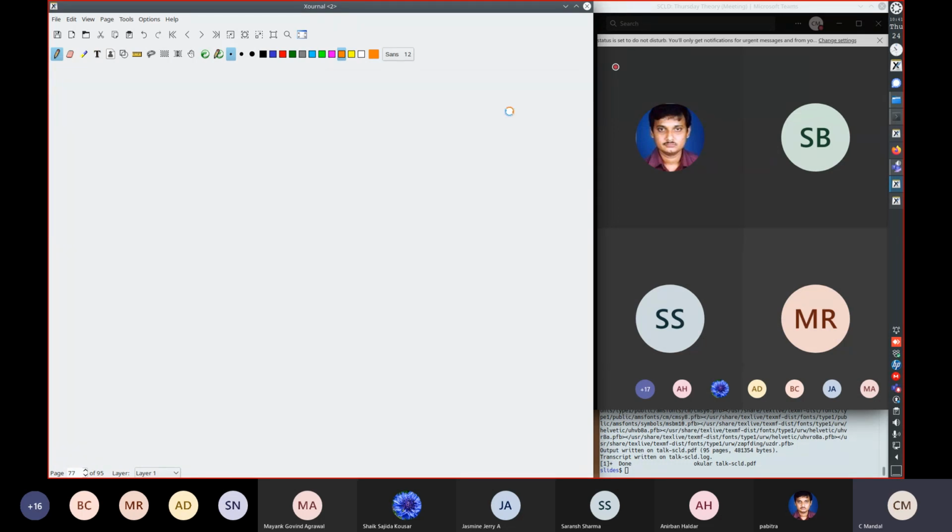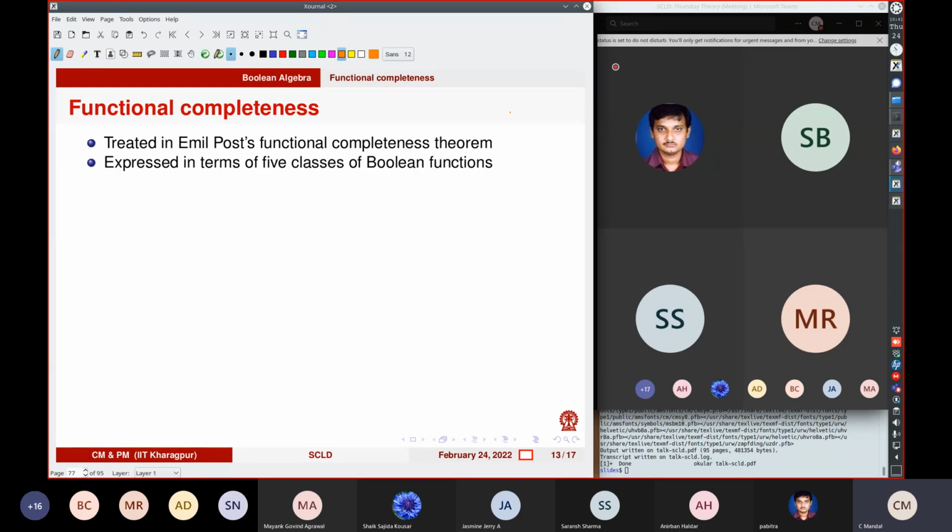Let us just look at his treatment. He considers 5 classes of Boolean functions. One class is called the truth preserving or T preserving Boolean function.